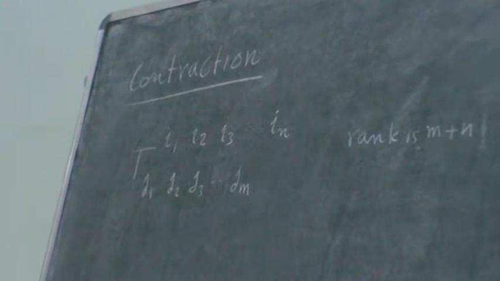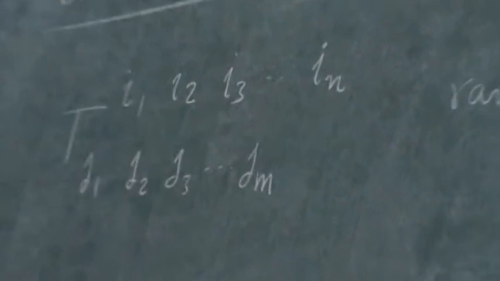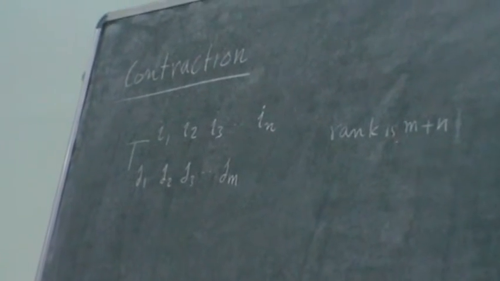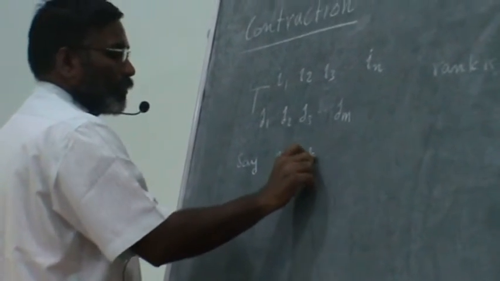Now suppose I make any of these indices equal, one index on the superscript and the other on the subscript. If I make them equal, then what happens? So suppose I2 is equal to J2.